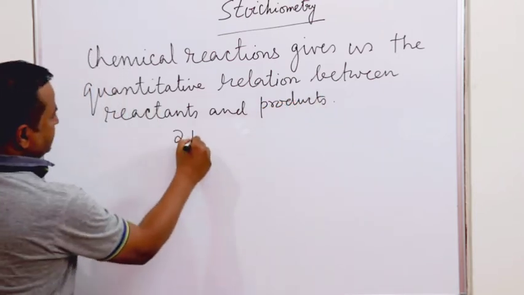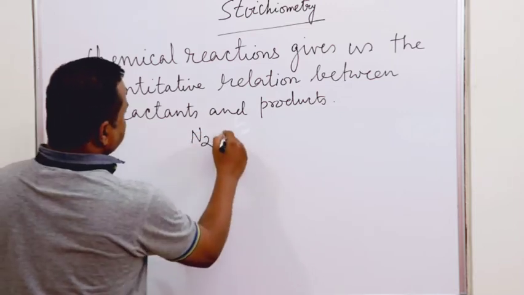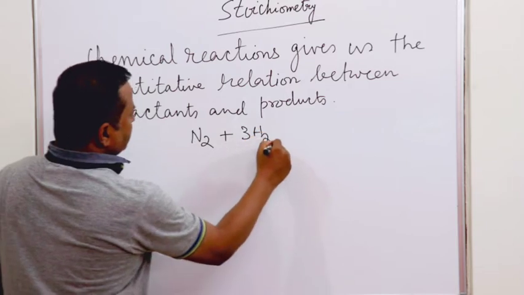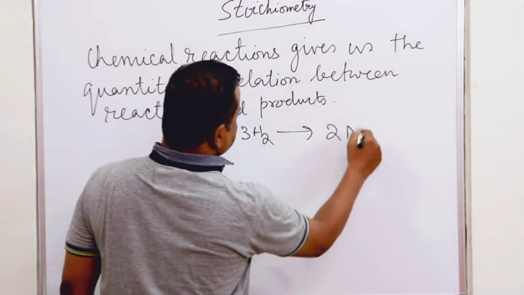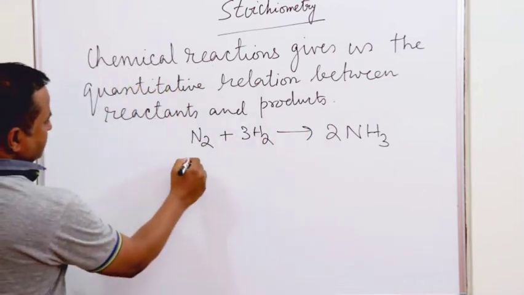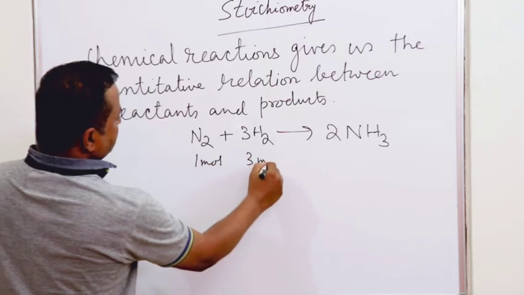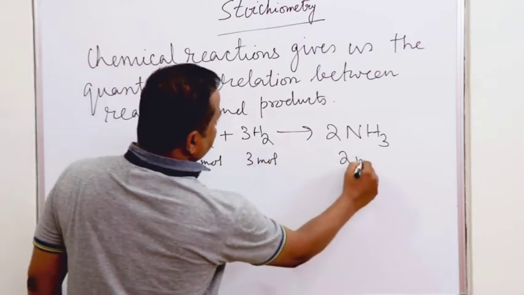How? Suppose we write N2 plus 3H2 giving 2NH3. So you can write from this chemical reaction that this is 1 mole, this is 3 mole, and this is 2 mole.